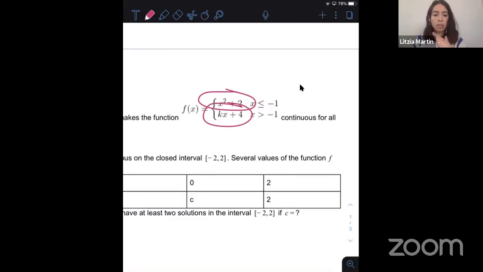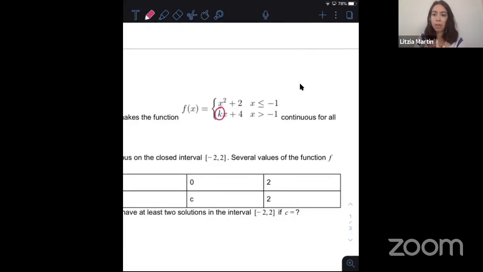We know it's going to be a diagonal line with the y-intercept at 4, but we need to figure out which k value, which is technically the slope of the line, is going to make that line connect with the other piece of the piecewise function, because that's the only way it's going to become continuous: if they meet at the same point.